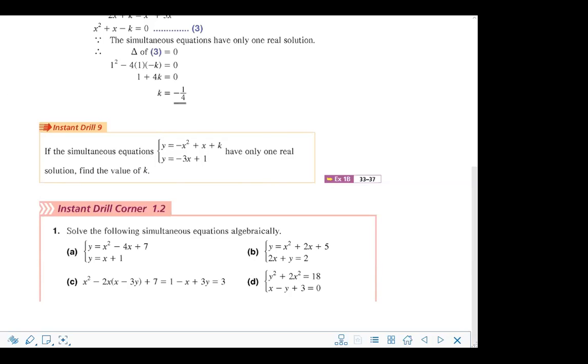I am still using the classwork on last Friday, that is the 18th. So the classwork on 18th of September, question number 7, 8, and 9. Please upload to this classwork, that is the latest one. Okay, so let's come back to the Instant Drill Corner 1.2.